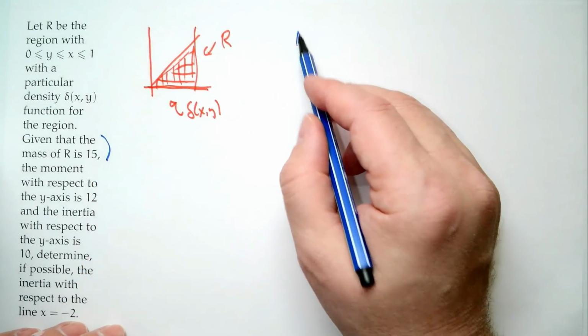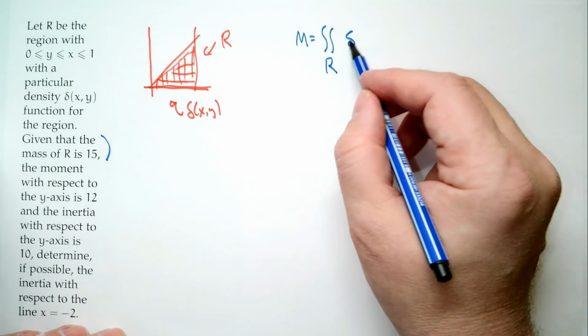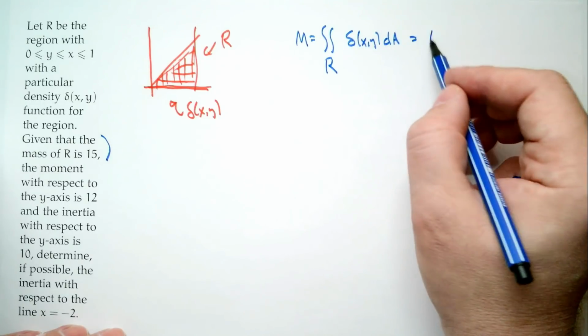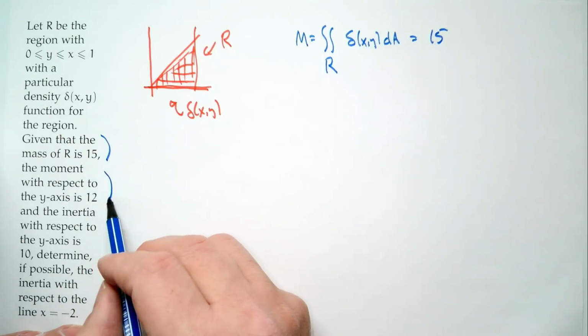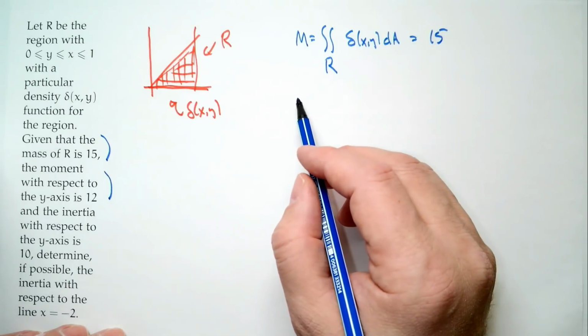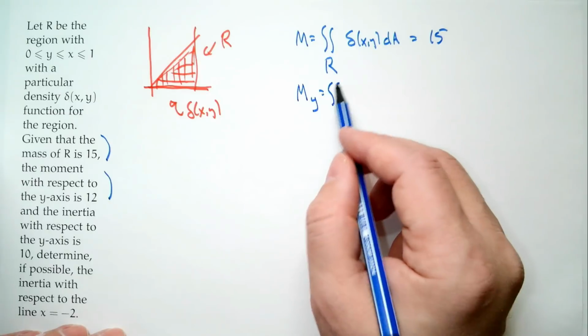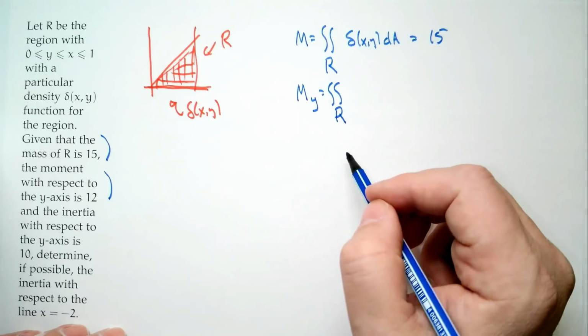Now, the mass is found by integrating your density over your region. So if we integrate our density over our region, we get 15. The moment with respect to the y-axis is 12. That's denoted m sub y. The y here says y-axis, integral over our region.